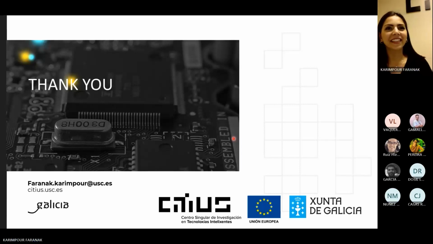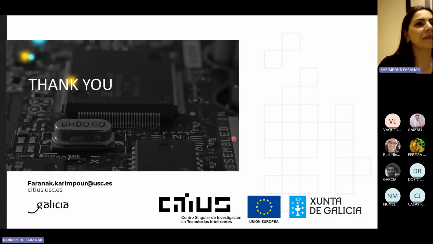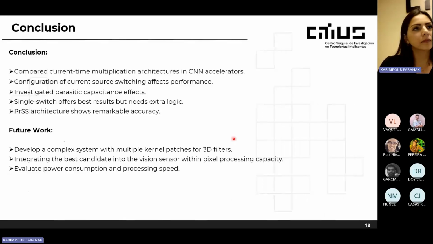Yeah, I've got some curiosity. The conclusion is that it is better to have, let's say, the switch next to the power supply. Do you have any conceptual reason for that? From the circuit theory point of view, why is that?